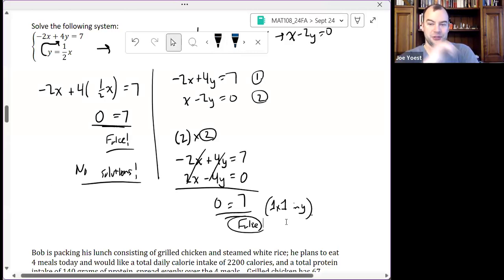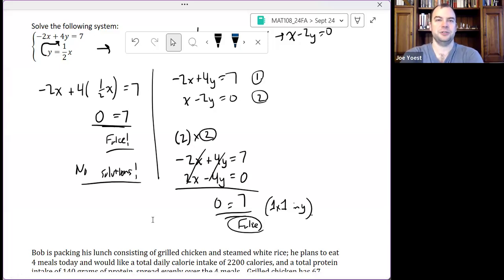But if I'm thinking of this as a 1-by-1 equation in y, what value of y can I choose to make 0 equal 7? There's no choice for y that will ever make 0 equal 7, so this is always a false equation. There's no value of y that makes this equation true, and then there's no ordered pair x comma y that makes this true.